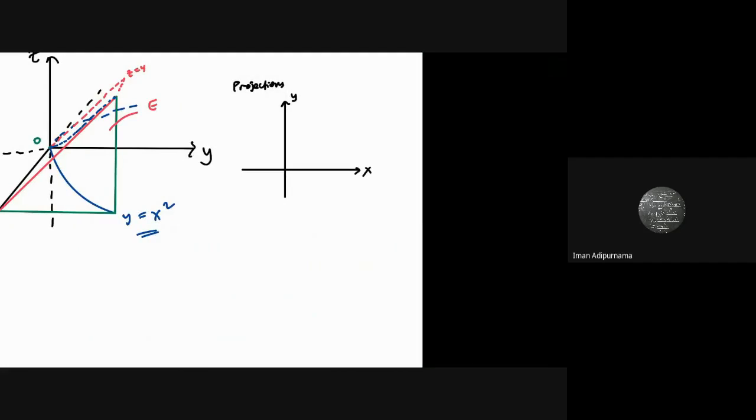So let's say this is x equal 1. And then this is y equal x squared. Okay, so this will be, let's say, D1.